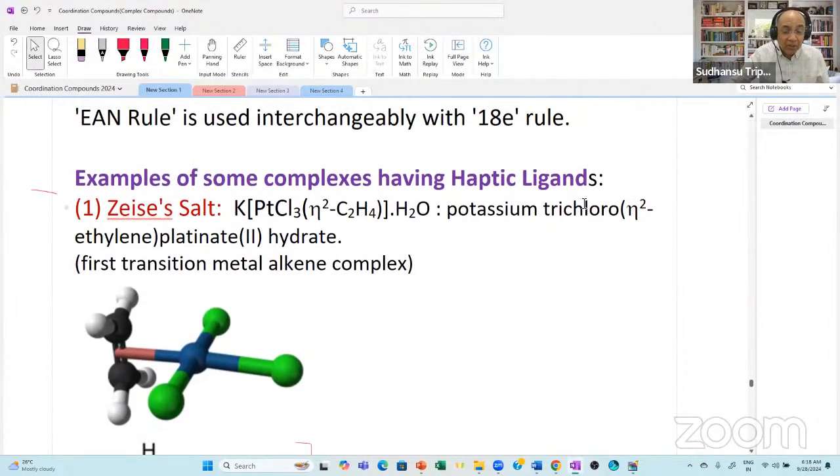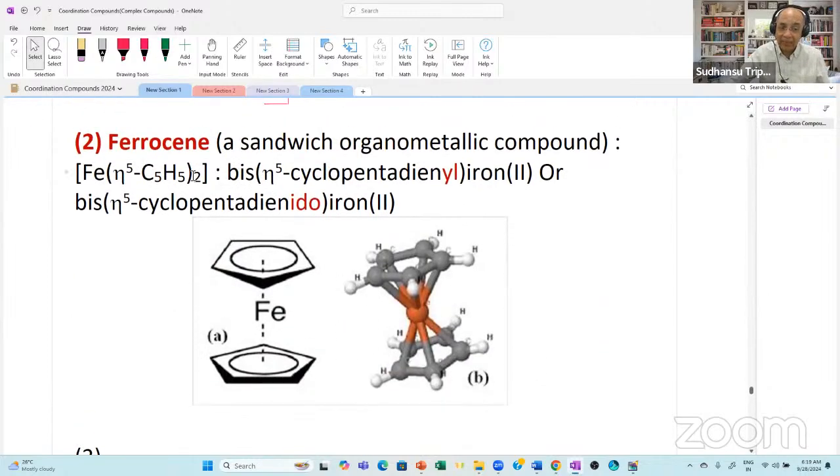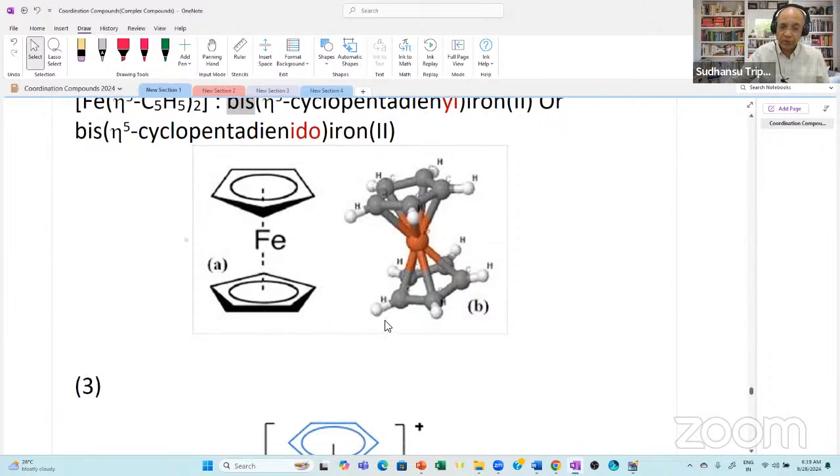And I will tell you some examples of ligands having hapticity, dihaptic ligands, which I have introduced here. I will not explain another, pentahaptic ligand, cyclopentadienido, with iron, the sandwich complex, iron in the middle, and 2 cyclo, therefore bis, cyclopentadienido at the top and bottom with opposite conformation.